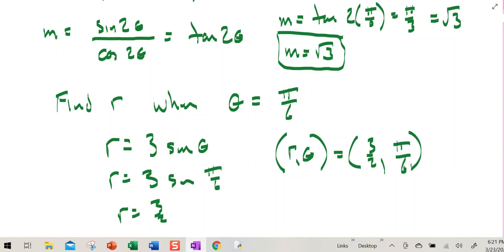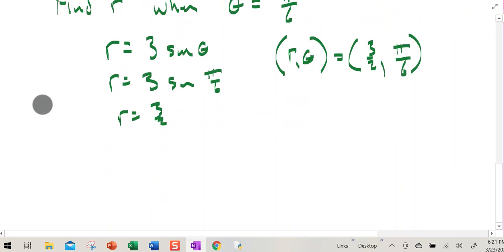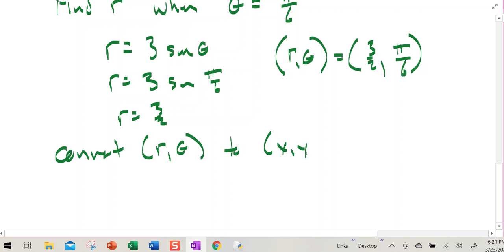And we need that because we're going to need to convert into x, y coordinates. Our slope is not going to be in terms of r and theta. It's going to be in terms of x and y. We want a Cartesian function here. So the next thing that we're going to do is to convert our point r theta to x, y.